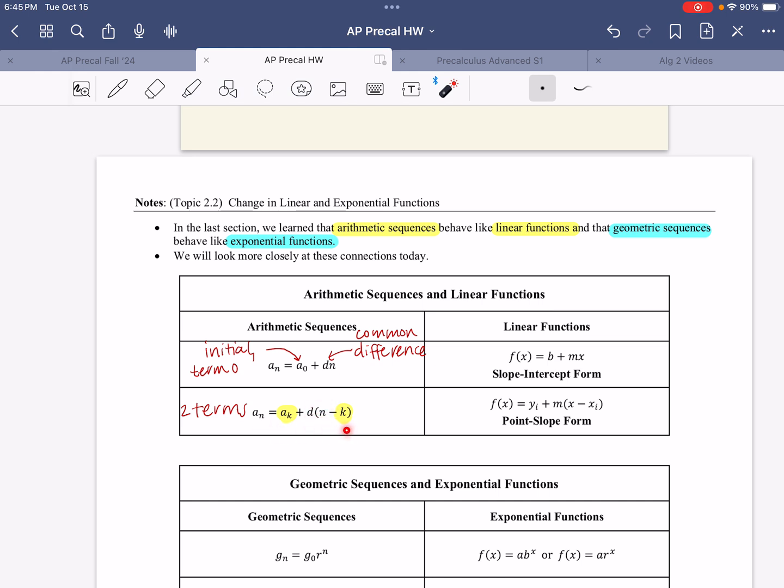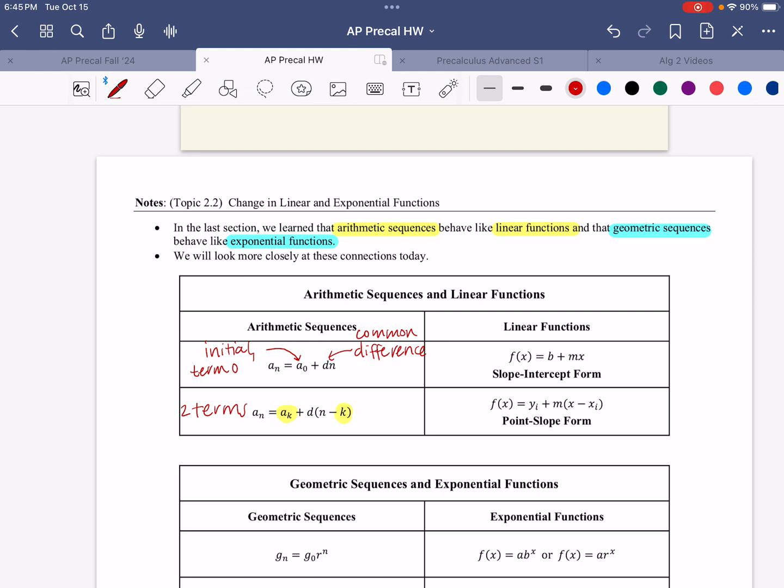We're going to get more practice with this today, but then I want to put up some formulas you used in Algebra 1 so you can see how they correlate. Linear functions, you're familiar with y equals mx plus b. Here it's written as b plus mx, tying in with AP statistics like we talked about with linear regression.